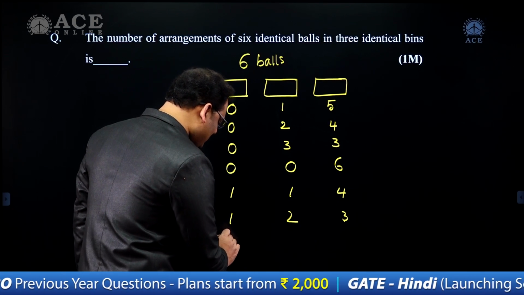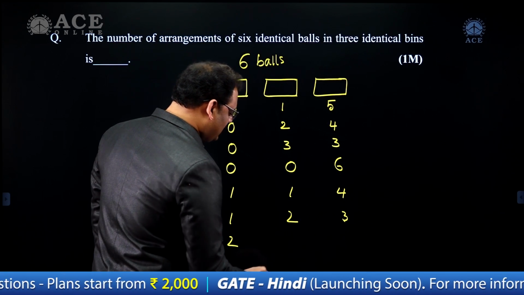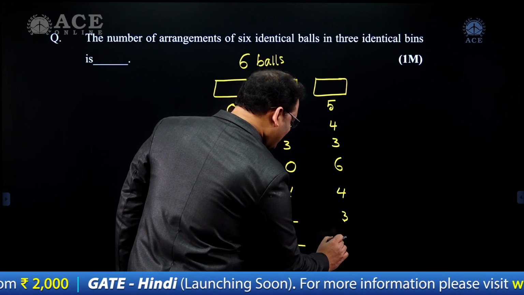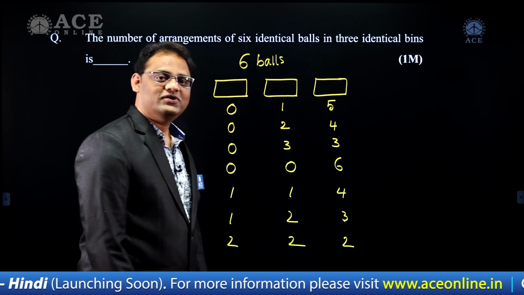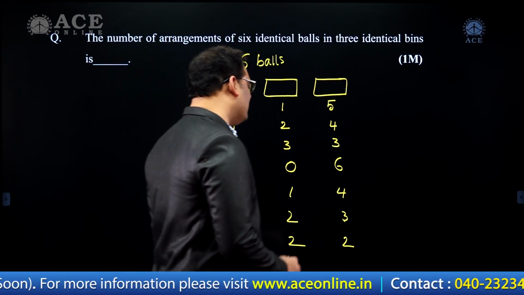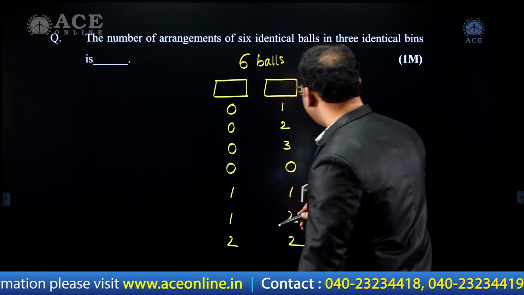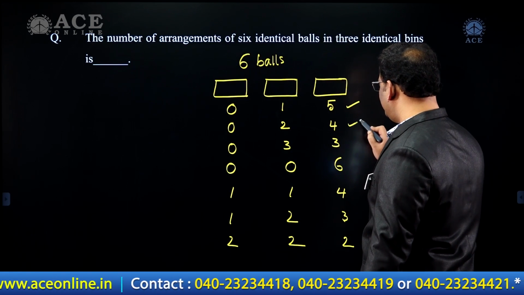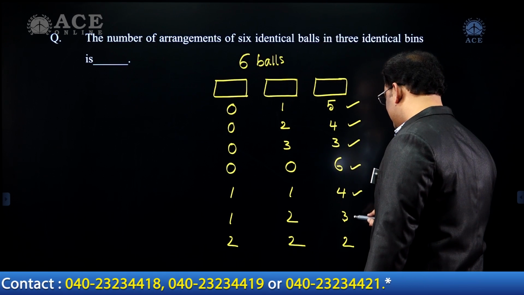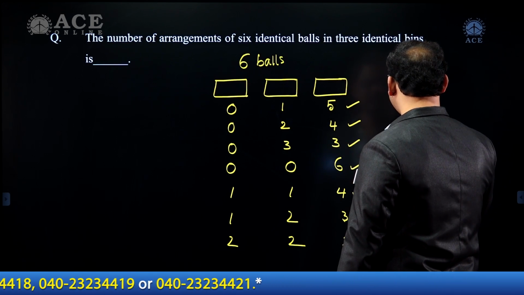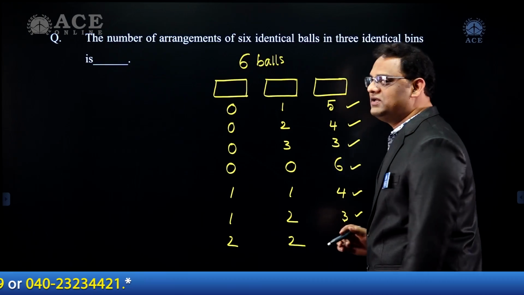And in the same way, I can take all 2's. Got it? Then if you observe the number of cases, 1, 2, 3, 4, 5, 6, 7, a total of 7 arrangements are possible.